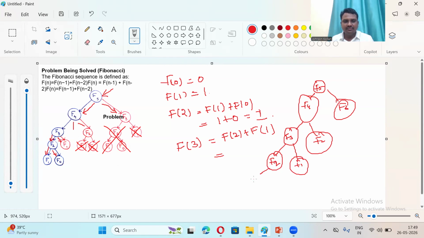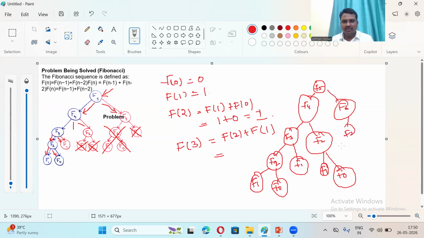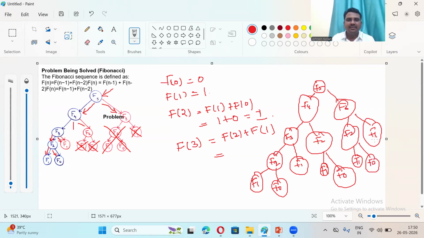And what is f2? f1 and f0. Then what is f3? f2 and f1. Then what is f2? f1 and f0. This is the normal Fibonacci sequence.